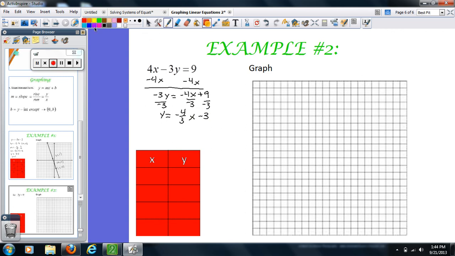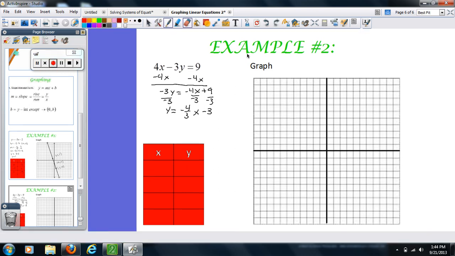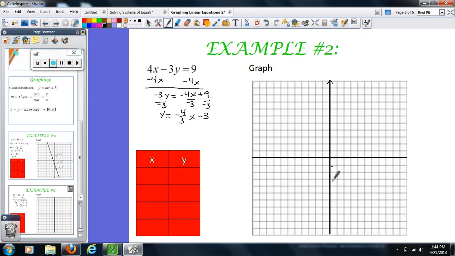So again, we're going to go ahead and graph our x and our y axis. There's my y. There's my x. The importance of putting the arrowheads on is to show that the graph continues.